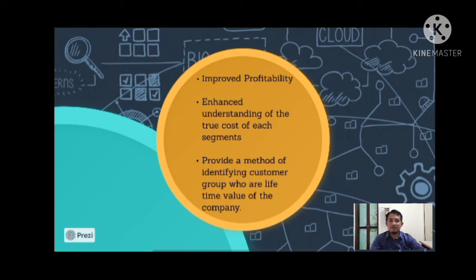Next, the analysis enhances understanding of the true cost of each customer segment. It includes taking into account non-production costs when determining profitability. Non-production costs can sometimes be more significant than production costs.